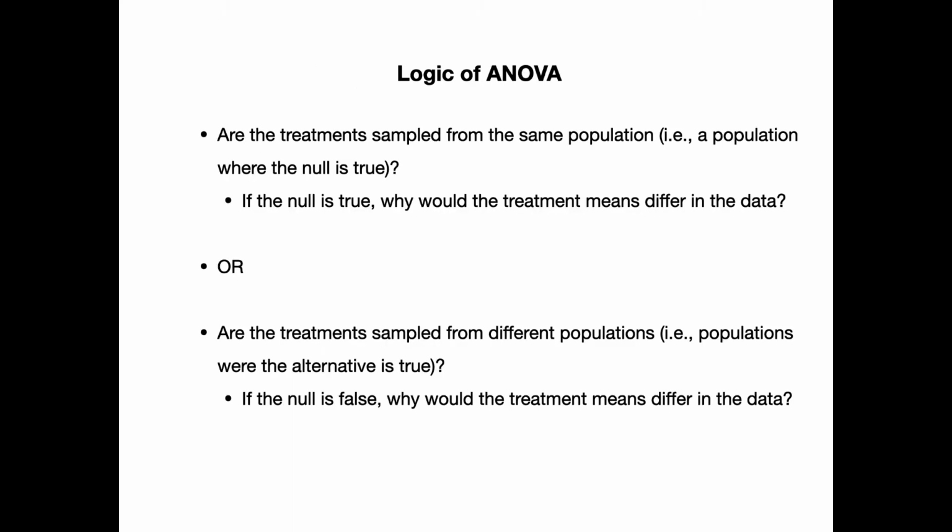Staying along with the logic of those null and alternative hypotheses, you can ask: if the null is true, are the treatments sampled from the same population? Because if all the treatments were from the same population, then the means don't differ.